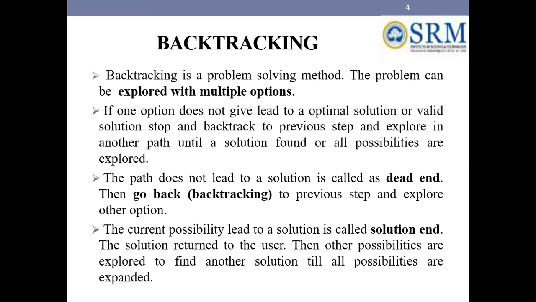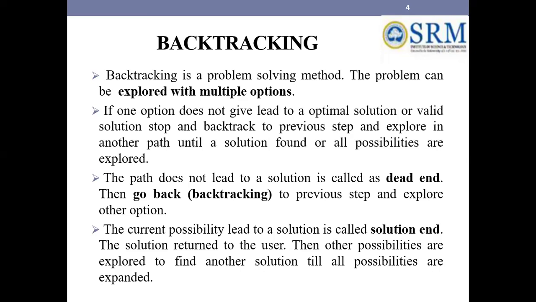Here, there are many possibilities, so we have to try all of them. Even though we got an answer in the first path, we have to try all the possibilities to find other answers. If the path we are moving on leads to a solution, that is called a solution end.